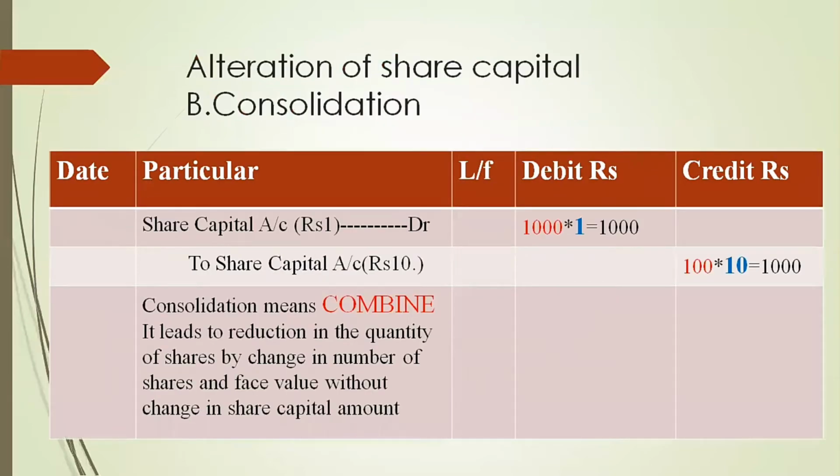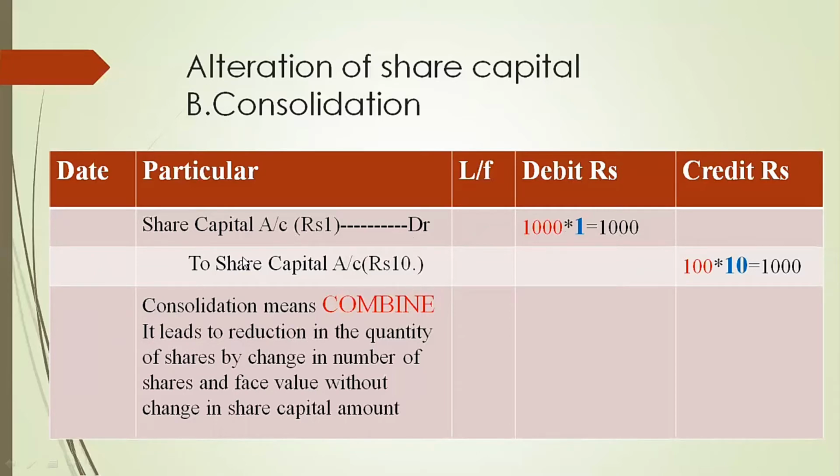Consolidation. What is the meaning of consolidation? Consolidation means combine. In this transaction, there will be no change in the total share capital, but there will be a change in the quantity of shares. The quantity of shares will reduce. For example, share capital account debit, the nominal value of the share is 1 rupee, 1000 shares multiplied by 1 is 1000.